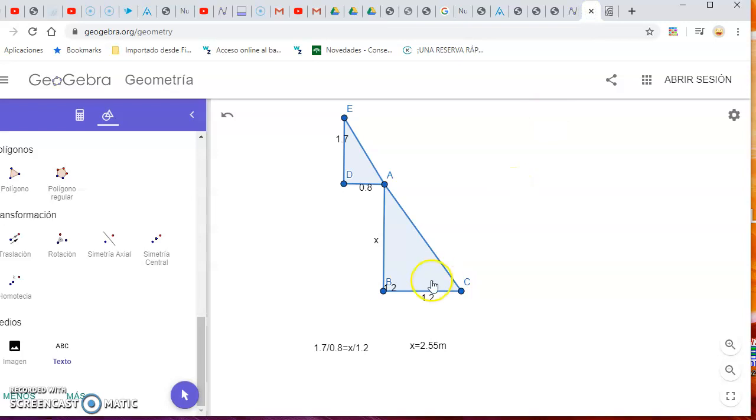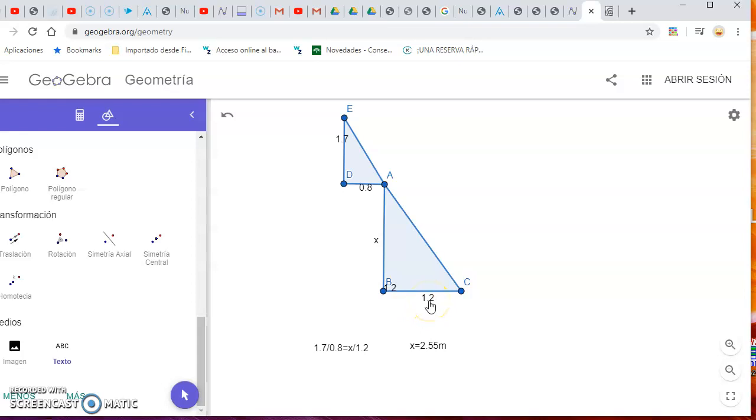I have made this drawing and you can see this is the 1.2. This is the data we have to know, and this is what we want from the well, and this is our height. So we have two similar triangles here, and we use 1.7 is to x as 0.8 is to 1.2, or the same, it is really the same.